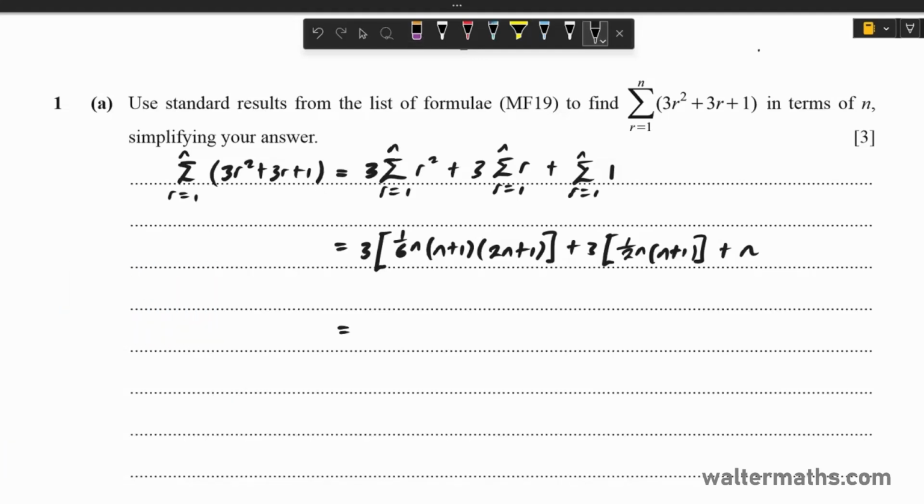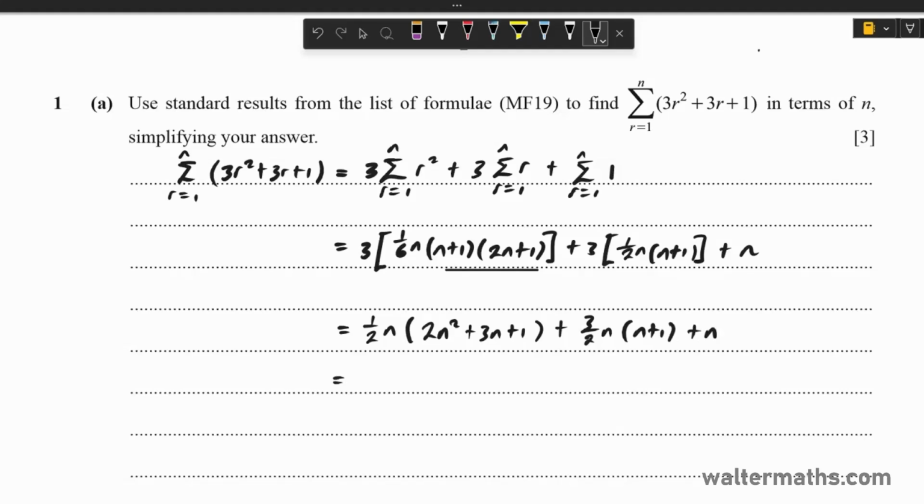Alright, so multiplying 3 into the bracket, we will get half n of, and multiplying these two brackets, we will get 2n squared plus 3n plus 1, and it's plus here, that's 3 over 2 of n plus 1, plus n.